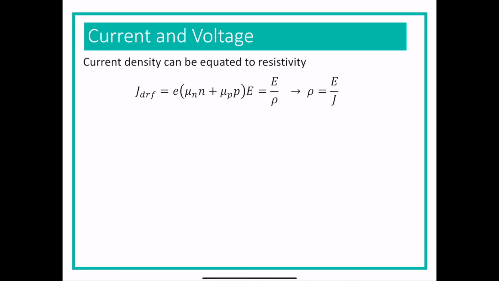So we can take the current density equation, and since resistivity was 1 over q times the mobility times n plus mobility times p, we can put 1 over the resistivity there. So the resistivity is equal to the electric field divided by the current density. If you know the electric field strength and the current density, you can figure out the resistivity.